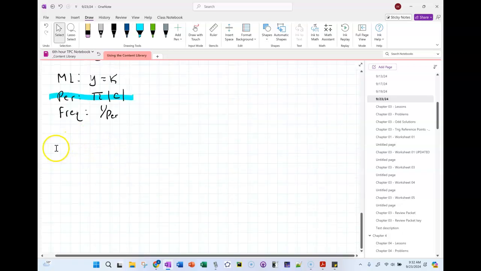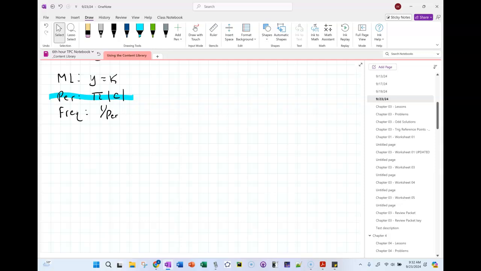So let's do some examples of going from a graph to an equation.